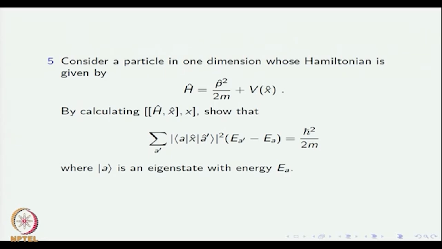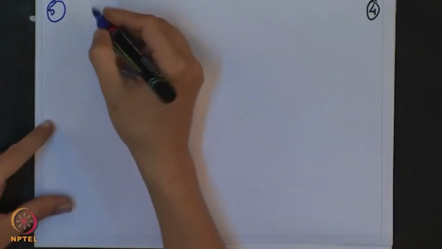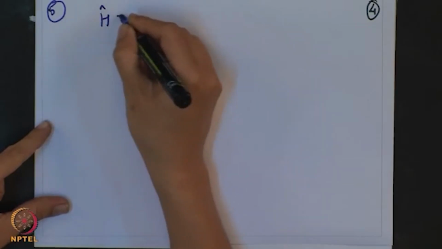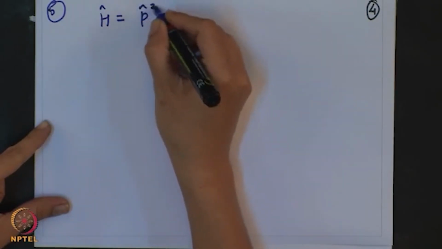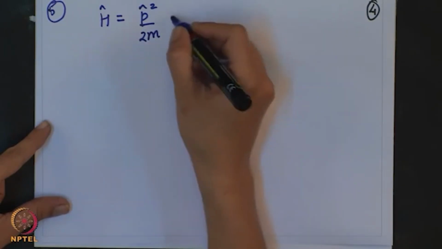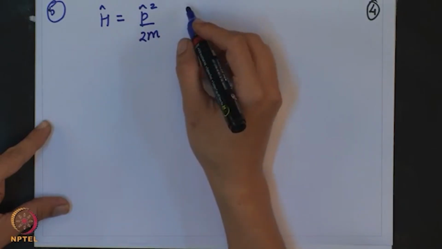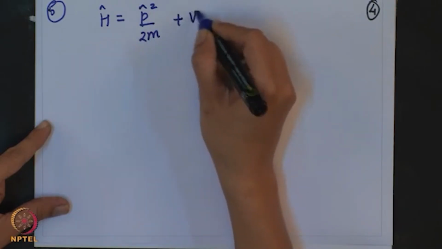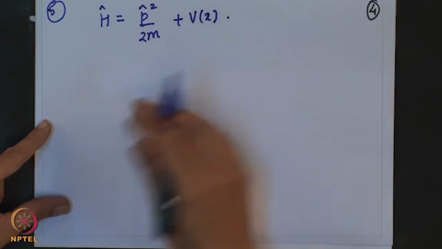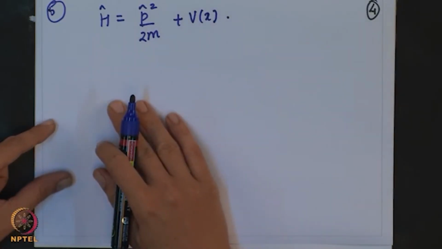So, that we have to calculate, and using that we have to show certain results. So, let us get started with that. The Hamiltonian operator is given to you as p squared upon 2m plus V of x. This is the same Hamiltonian which we had in the previous example.